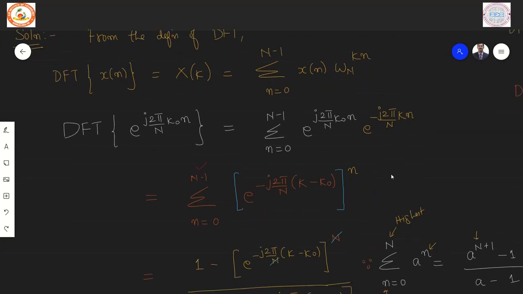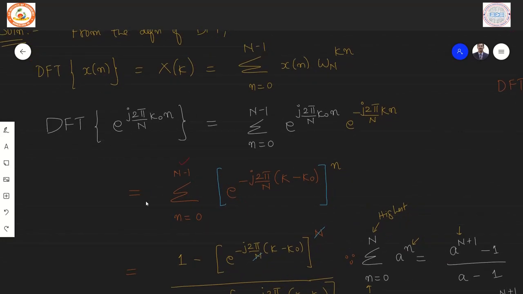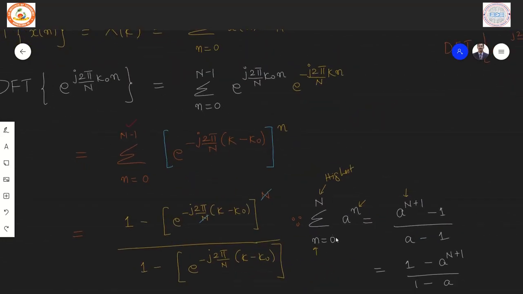The reason for arranging it in this particular fashion is we want to write it in the form of a finite series as shown here, where the initial value of index is 0, the highest term we have is capital N, and it's a series of a with various different powers of n.